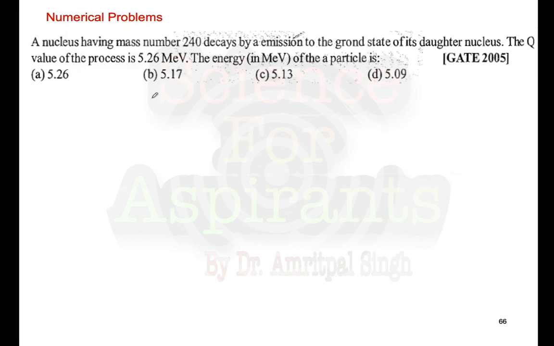So in this first question, a nucleus having mass number 240 decays by alpha emission to the ground state of the daughter nucleus, and the Q value of this process is 5.26 mega electron volt. The energy of the alpha particle will be? So the mass number is given, that is 240, and the Q value is 5.26 MeV, and we need the kinetic energy of the alpha particle which is coming out.